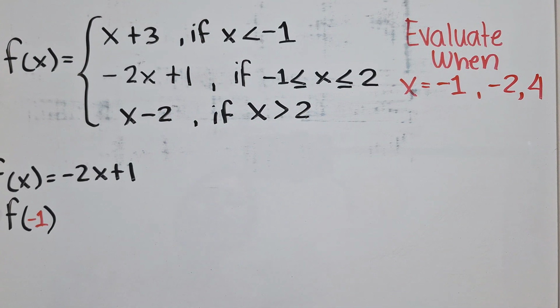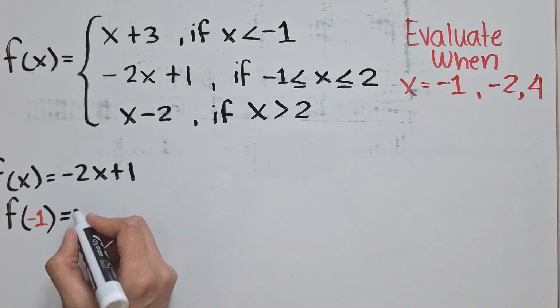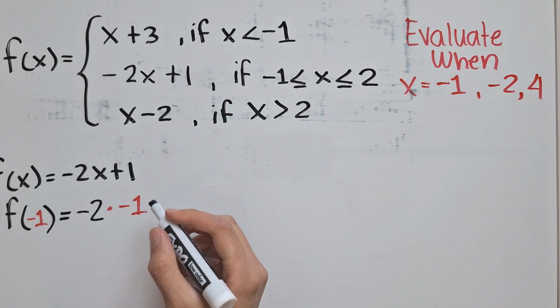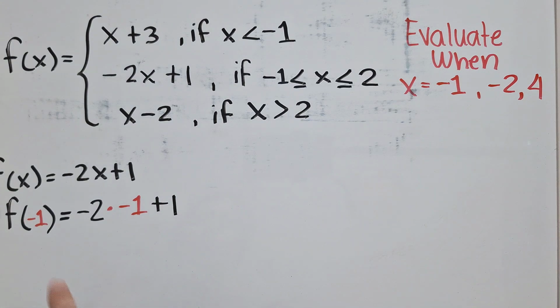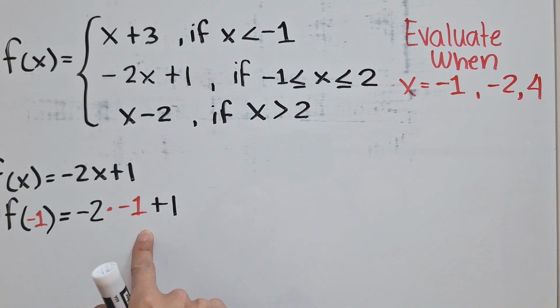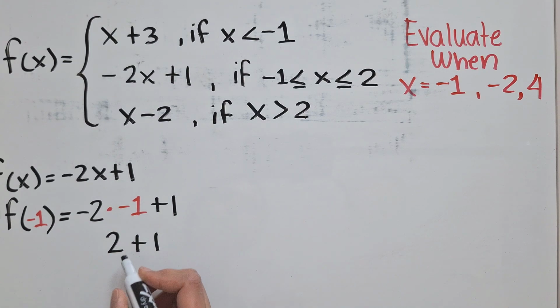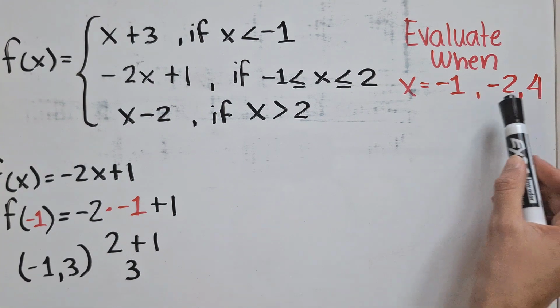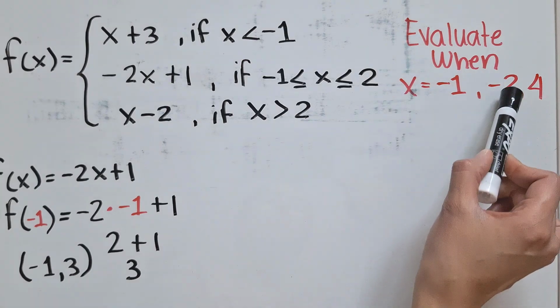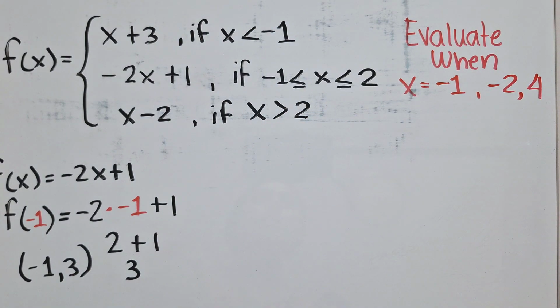So remember, instead of the x, we are going to put the new value. And then we continue, plus 1. So -2 times -1, that is 2. And then plus 1, it will be 3. The next number is -2. Negative 2 is less than negative 1. So we're going to use this first equation.